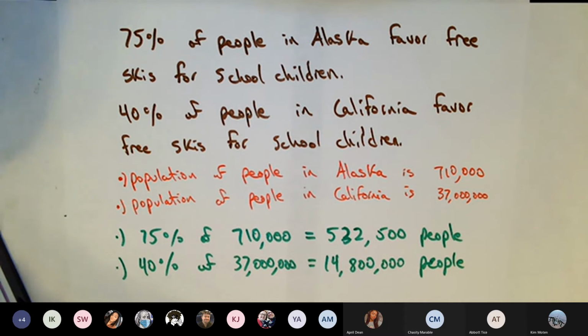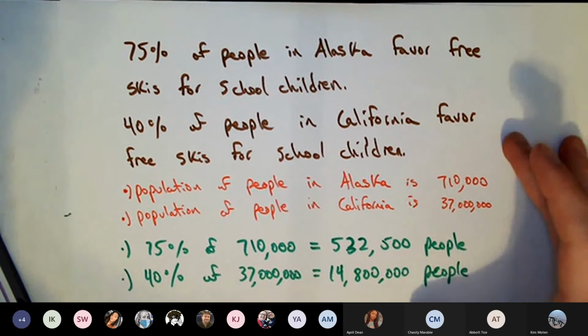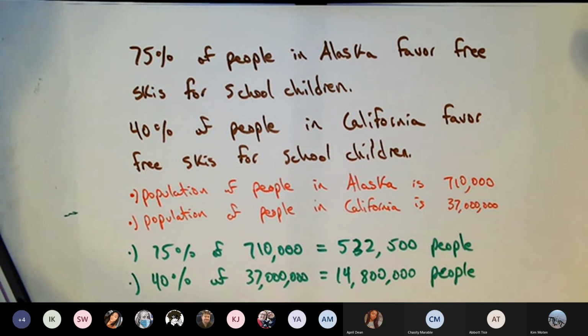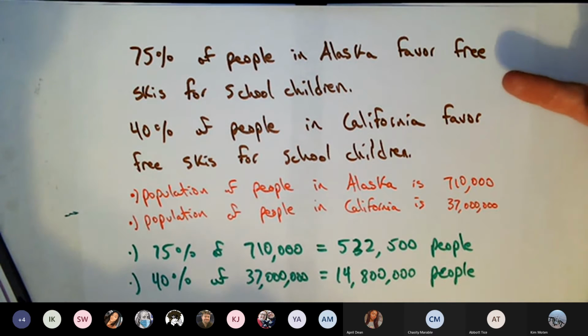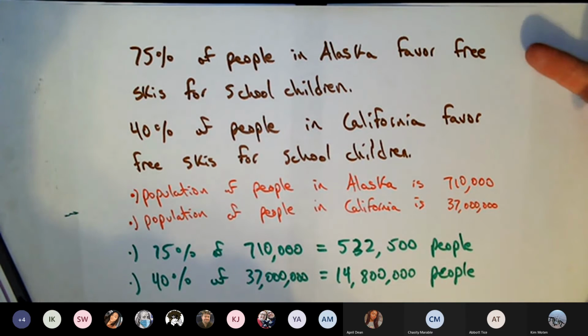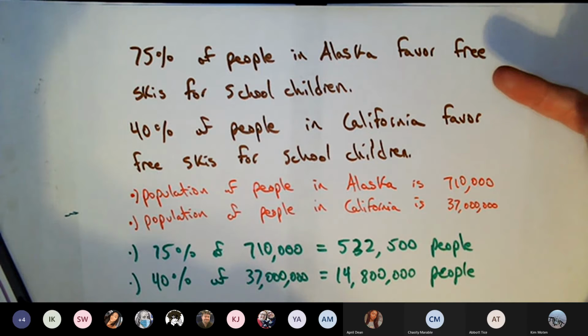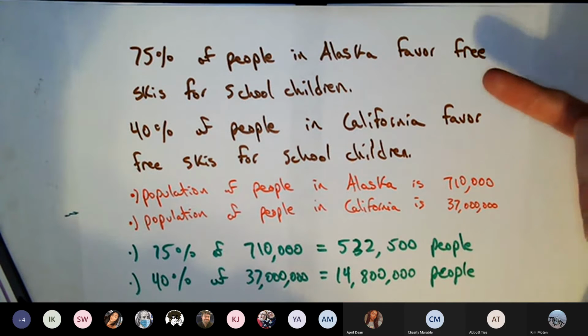But what do they tell you? The other point is to know exactly what the percents can tell you. If we're being very careful about how we describe it, the proper thing to say is that more people in Alaska, out of the total people in Alaska, believe that school children should get free skis.